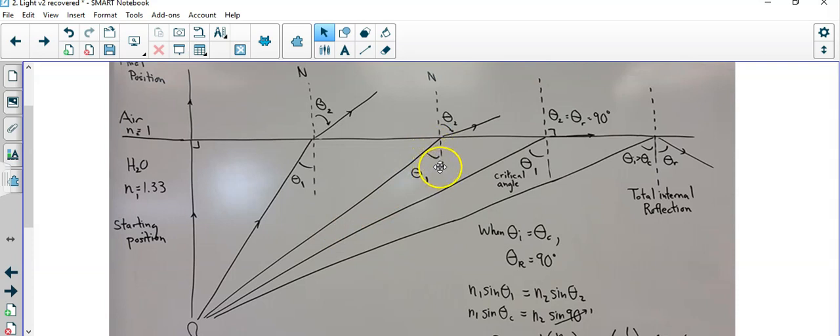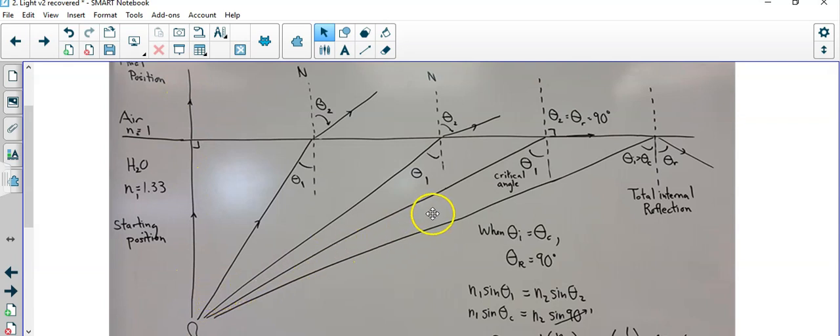And again, here's the normal line, and this is the incident angle. But the incident angle here is much bigger than the incident angle of the first ray. So it refracts and bends away from the normal more than the first ray did. Now this continues as a process as I get further and further away from the original ray, which hit at 0 degrees on the normal.